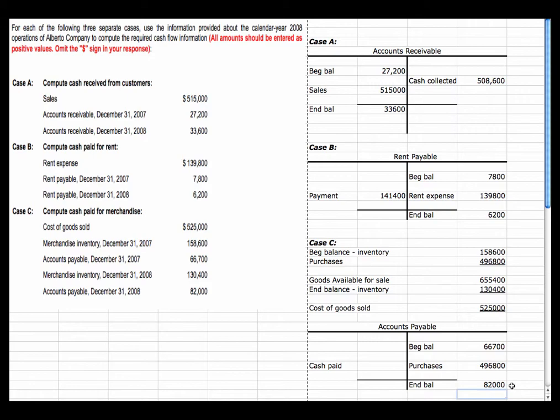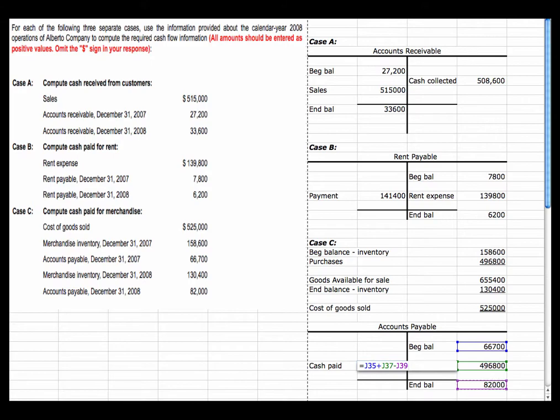I know that I had to have paid an amount to get to that $82,000. So let's create a formula for that. So we could say, take your beginning balance, then add in your purchases, and then we're going to subtract out what's left over, because if I took my beginning balance plus my purchases, that's my total liability, minus what's left over.